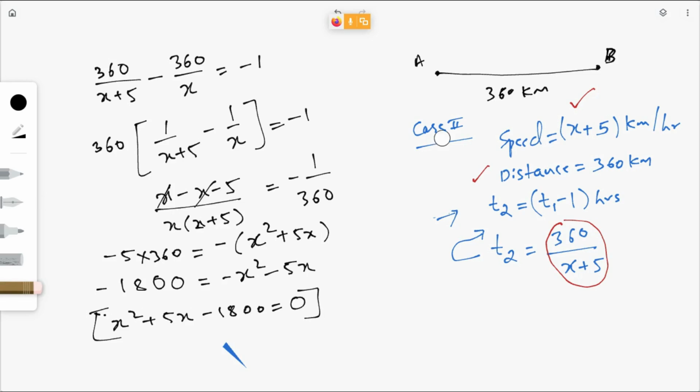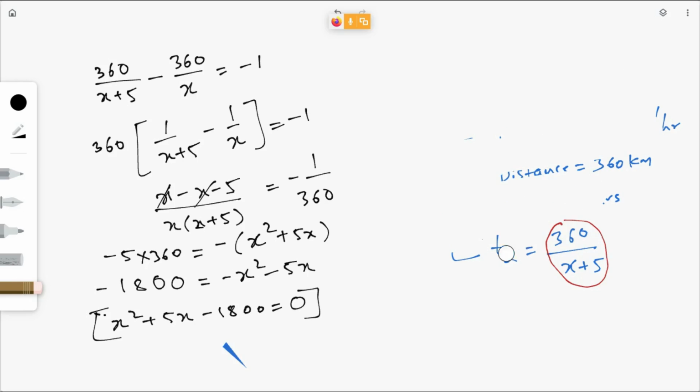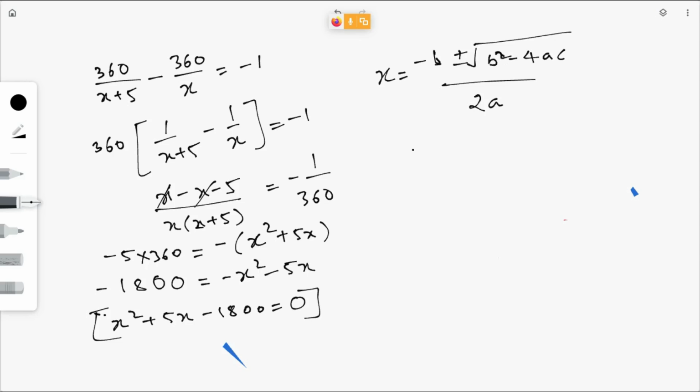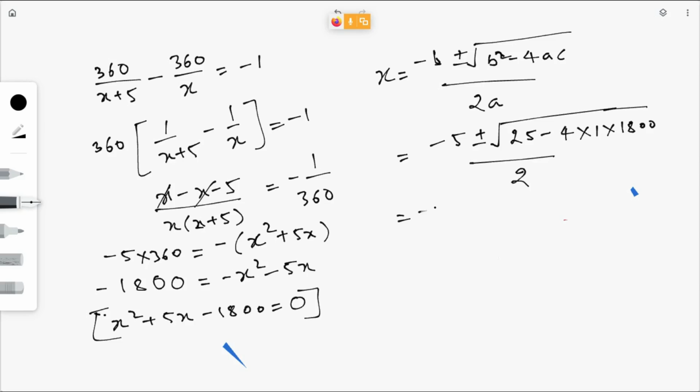No doubt, sir. If you solve this using the quadratic formula, then you will get the x value. x is equal to minus b plus or minus root of b square minus 4ac divided by 2a. Minus 5 plus or minus root of b square, that is 25, minus 4 into 1 into 1800, divided by 2.